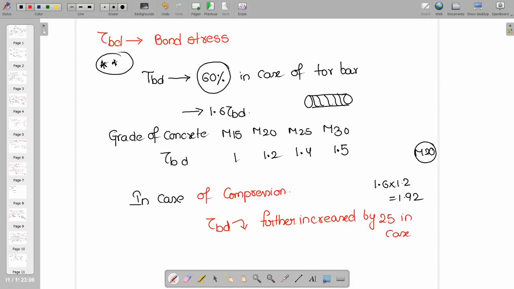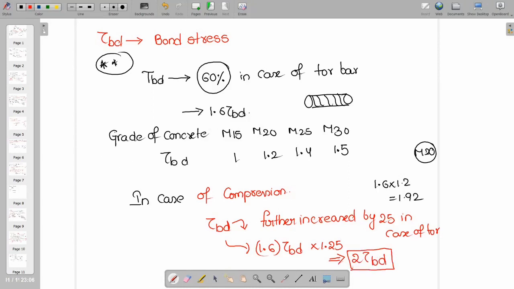That means tau BD will be equal to 1.6 tau BD, further increased by another 1.25. So in case of compression, it will be equal to 2 times tau BD. Clear, students? In case of compression, tar will be increased by 25%.